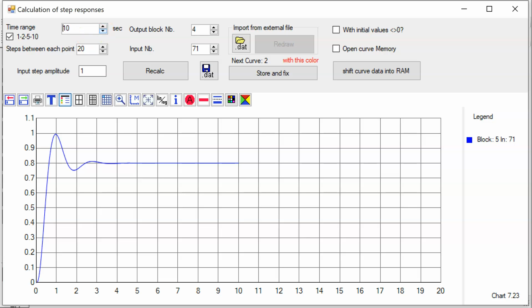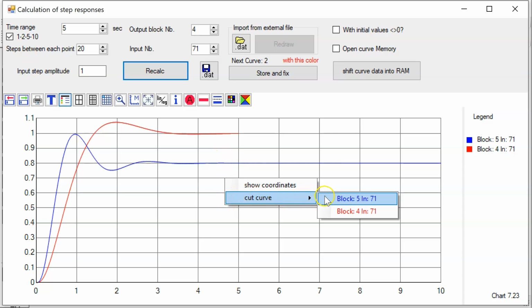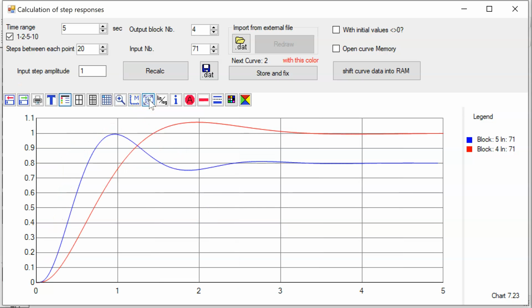I go down to 10 seconds, say 5 seconds, and recalculate the PI controller, and you see here, this is the relevant curve. I think I should cut also the P controller at 5 seconds. I can do this with the right mouse button with the pull up menu. Blue curve at this point, cut the curve, yes, and then make auto scaling.